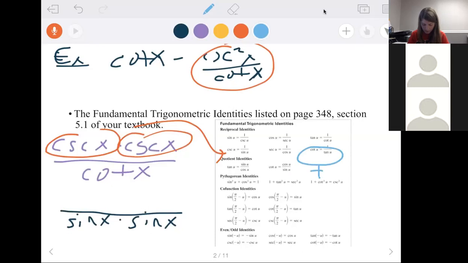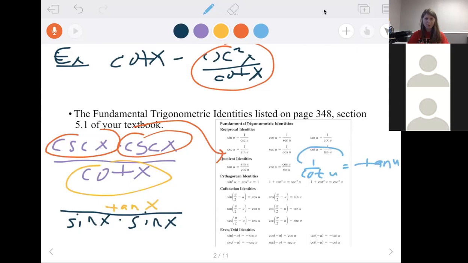And if you do 1 over cotangent, that's going to give you the tangent. In other words, if you flip this side and flip the other side, you're creating another reciprocal. So if you think about this particular piece having cotangent on the bottom, that's going to give us a tangent of x moving to the top.